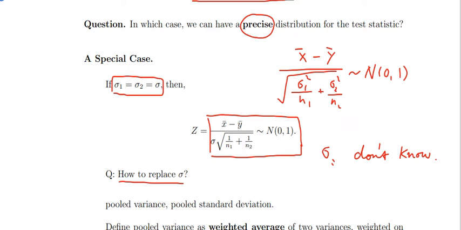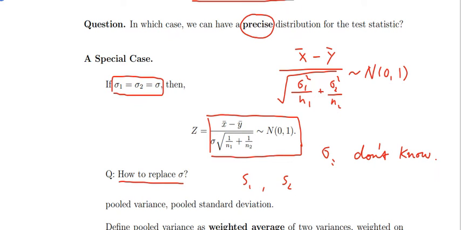Here we have two S's, S1 and S2. If we replace sigma by S1, other people will ask, why not S2? If we replace it by S2, we will ask, why not S1, right? So we simply cannot replace sigma by S1 or S2. So by what?